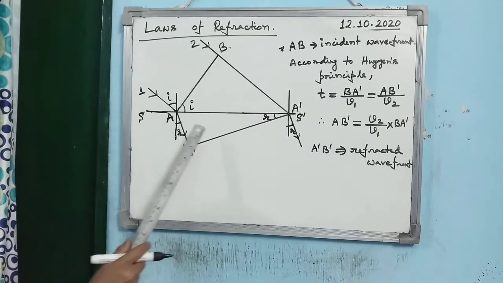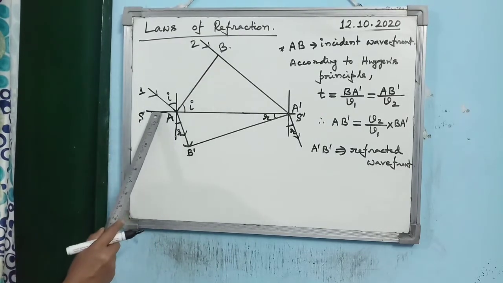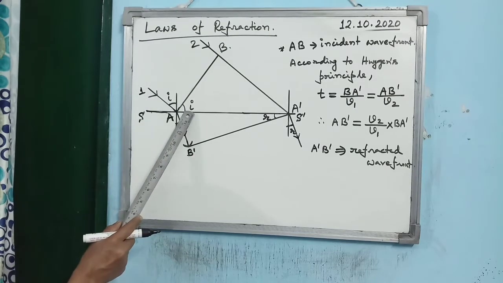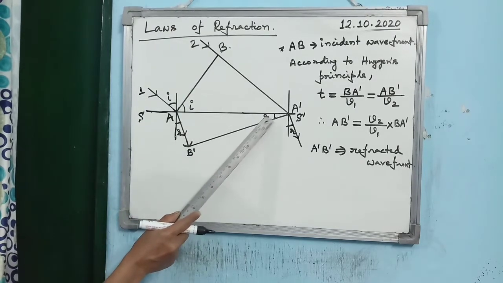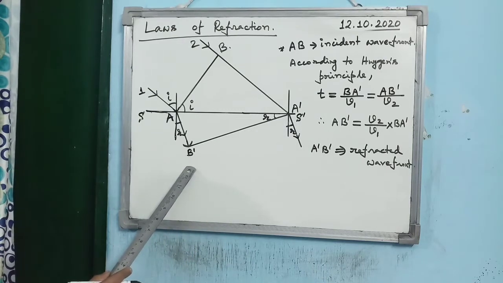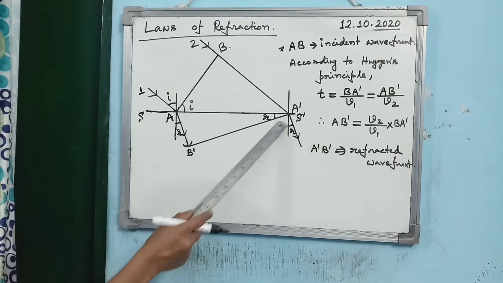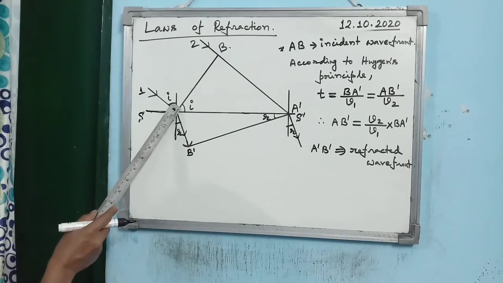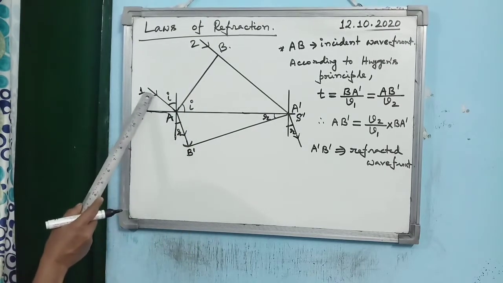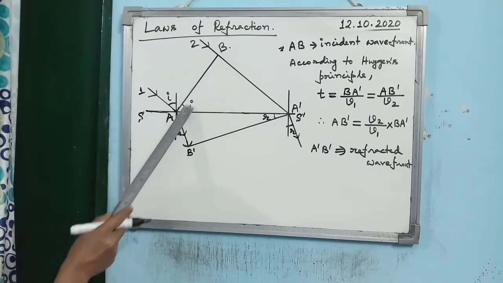So in the diagram, the important part is that you have to show two rays. You have to show the angle of incidence and angle of refraction with respect to the wavefront, and with respect to the rays also. This is the angle of incidence with respect to the ray. This is the angle of incidence with respect to the wavefront.